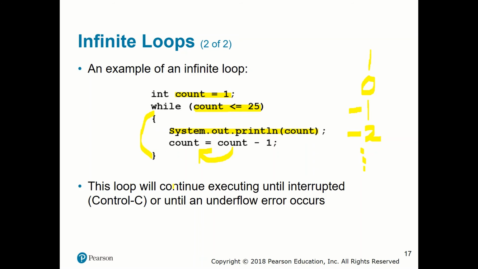This loop will continue executing until interrupted. If you press Ctrl C, that means interruption, or until an underflow error occurs. This means that if this calculation continues, we cannot calculate anymore because underflow occurs.